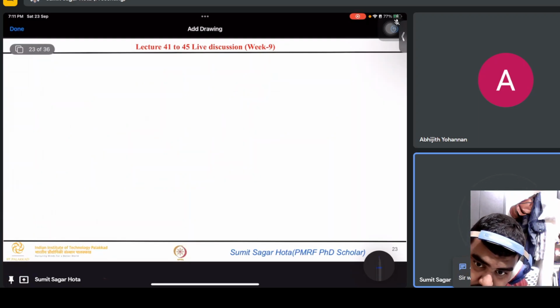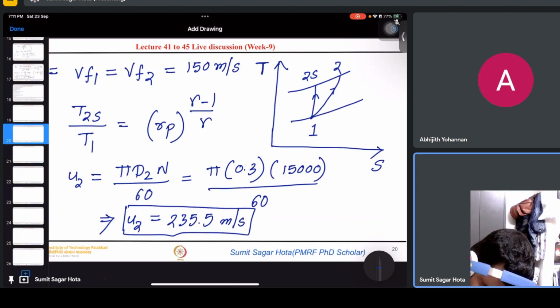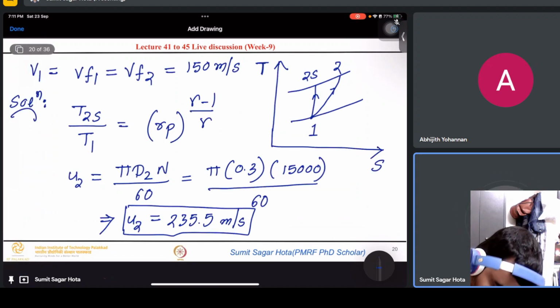Now T2s, you see the graph. 1 to 2s is the isentropic process, so 2s is at the isentropic condition, and T2 is the actual condition. You can see in the graph, when we go 1 to 2s, S is constant, and S is your entropy.